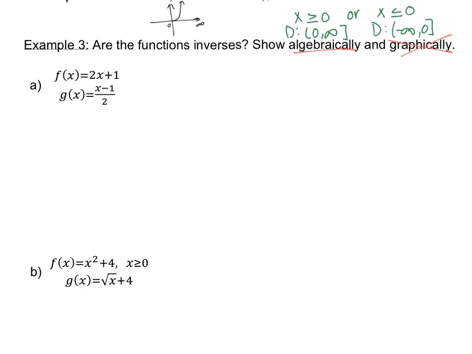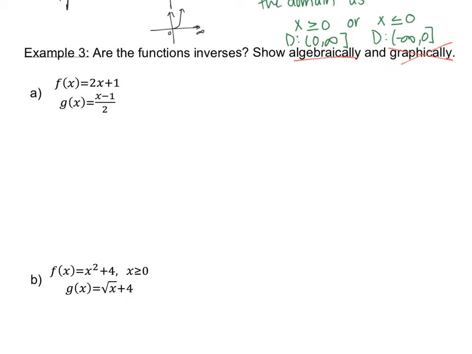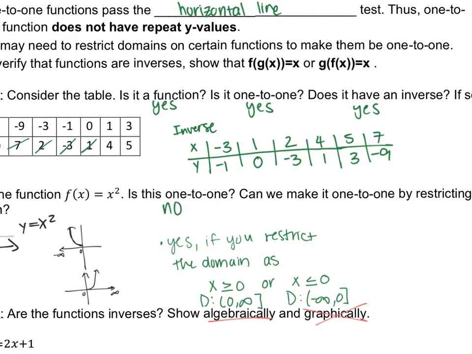I'm going to teach you how to do it algebraically, using the definitions up above, where you find the composition function. You plug g into f or f into g and see if you get out just x to the first power. If you do get this, then you know it's an inverse. It doesn't matter which version you choose, only that you do one.